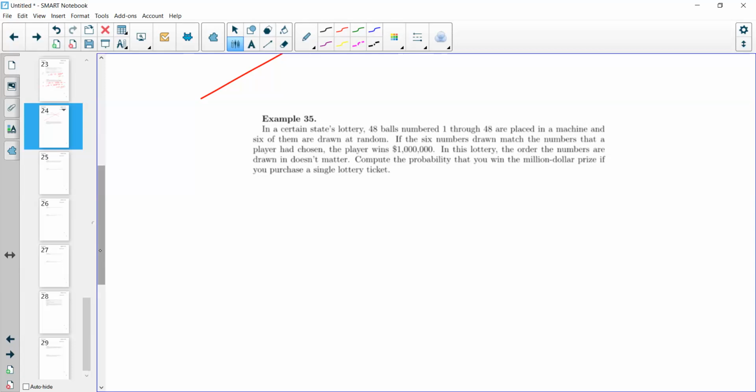So what we need to figure out is how many different tickets are there. And it tells us the order of the numbers drawn doesn't matter. The order doesn't matter. So I have 48 numbers and I'm choosing 6 of them. So it's a combination. Same process: 48 factorial over 48 minus 6 factorial, 6 factorial.